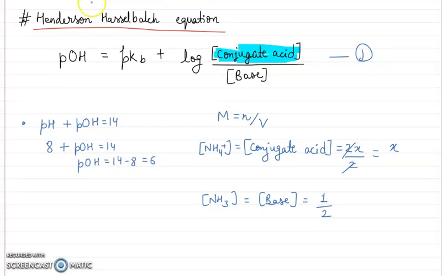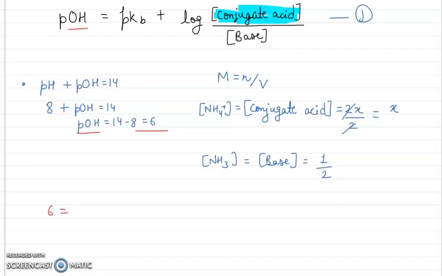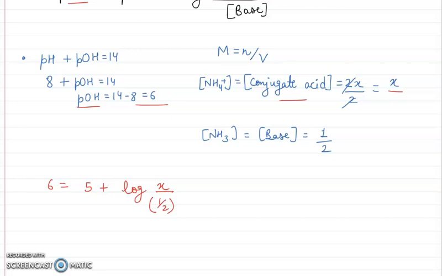Now here we have pOH. pOH is 6. We will put it here. 6 is equal to pKb. pKb was given for ammonia. It is 5, plus logarithm of the conjugate acid concentration, that is X, divided by 1 by 2, the concentration of the base.